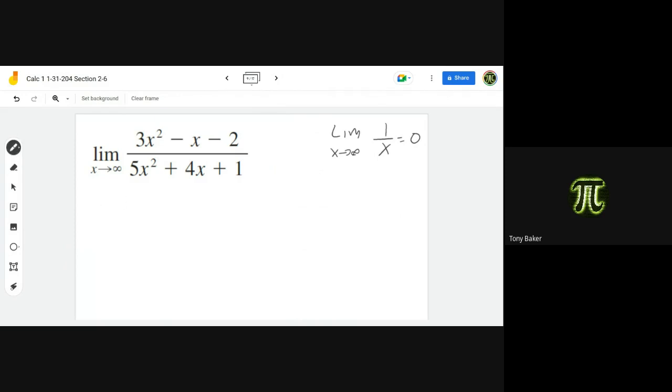So if I take 3x squared minus x minus 2 and divide it by x squared, and then I take the bottom and divide it by x squared, did I change my problem? No, because I divided the top and the bottom by the exact same thing, correct? Good.